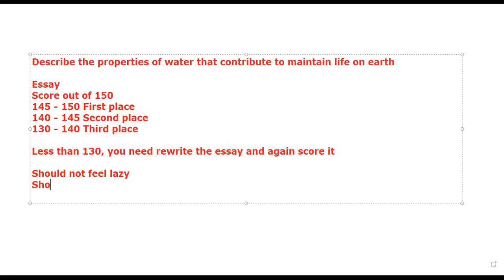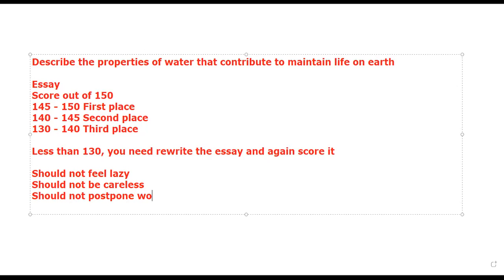Should not be, what is it? Careless. Should not postpone work due to any reason.